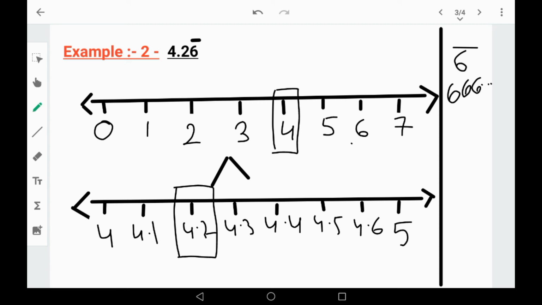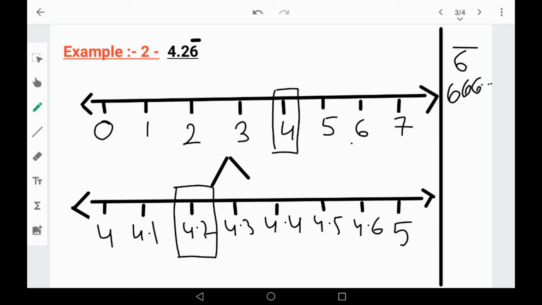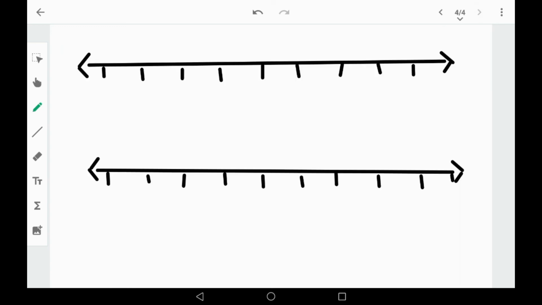So in the question itself, when they give a bar, they will tell up to how many decimal points you should mark. In the question I will take it as mark till 2 points. So this number line will be again magnified into this one. In the question they give 4.2 with a bar on the 6. As I said, 6 will be repeating, so we can't do it that many times, as they gave up to 2 decimal points.